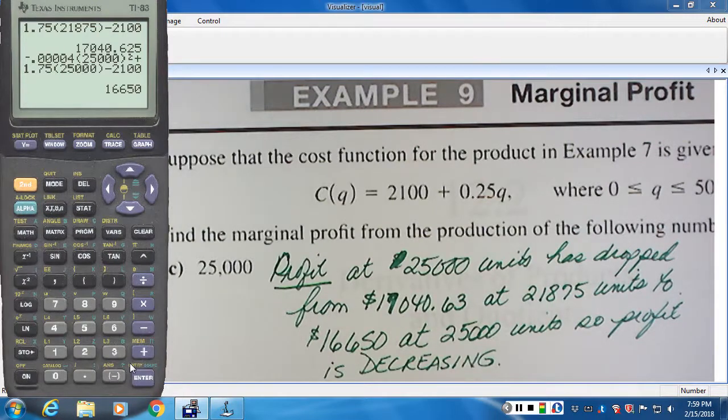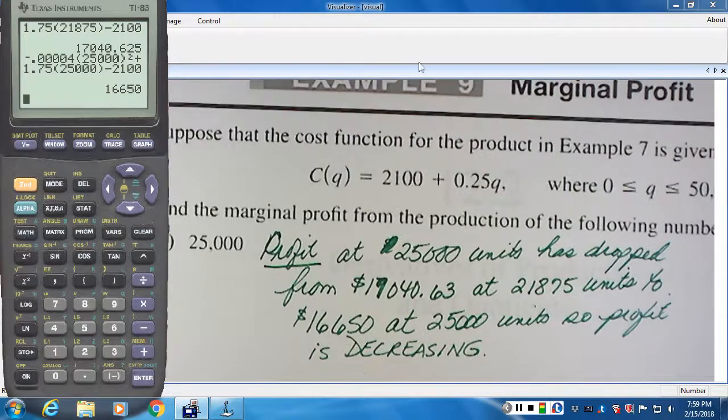You're not losing money. You're just not making it hand over fist like you were. And the rate of change will show us that.